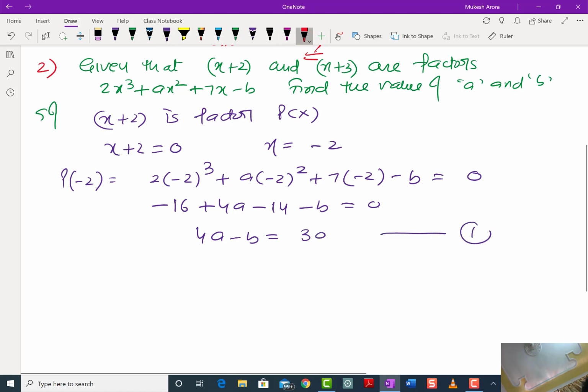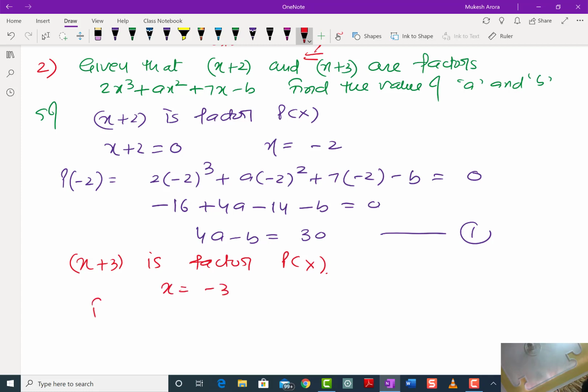This is the first equation. Now the second equation: x plus 3 is a factor of p(x). So that means x is equal to minus 3. When we put minus 3 it should be equal to 0.